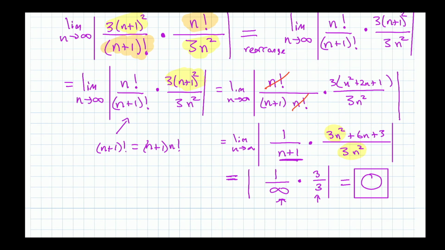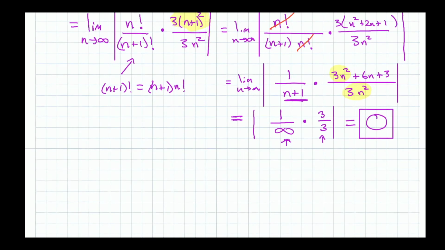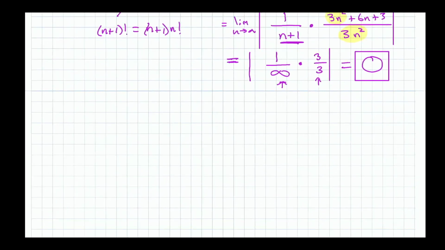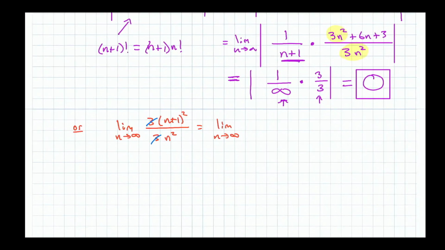There were other ways to do it too. Like I could have done it this way. Another way to evaluate that, I could have done this. Or when I had the limit as n goes to infinity of 3n plus 1 squared over 3n squared, I could have written that as, well, first of all, I realized at this moment that I should have canceled the 3's. That would have been smart.